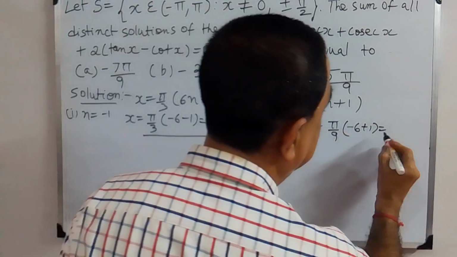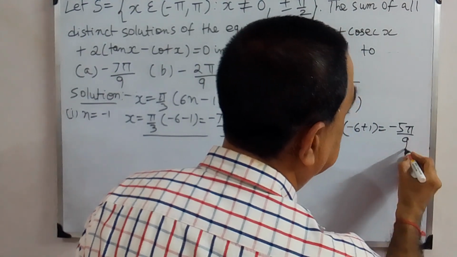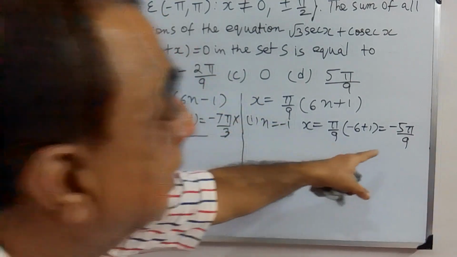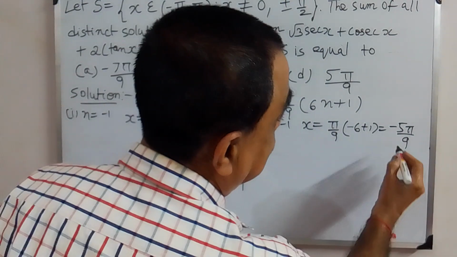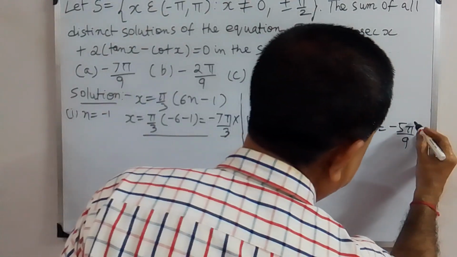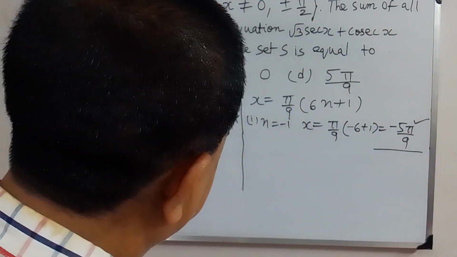Minus 5 into pi by 9, so this will become minus 5 pi by 9. And this is greater than minus pi and less than pi. So this value is lying in the range. We are accepting this.